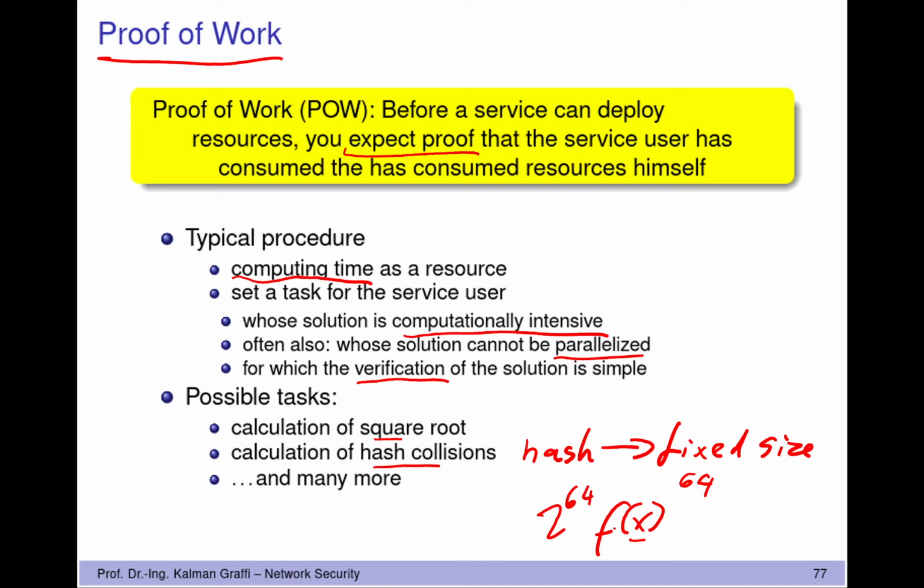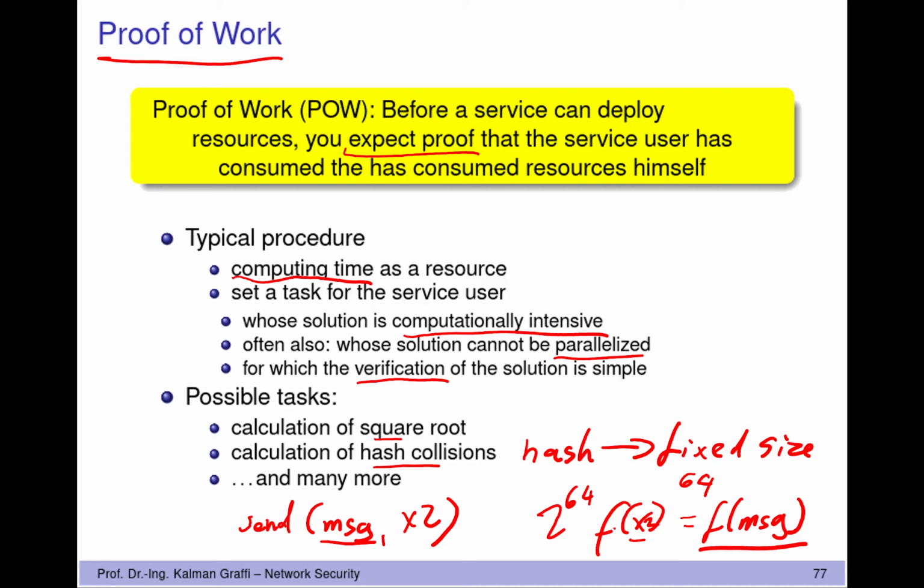And let's say you send a message from the potential attacker side, and somehow you have to provide not just this message, but also x2, where the hash of x2 equals f of message. So it's easy to compute the hash of the message.